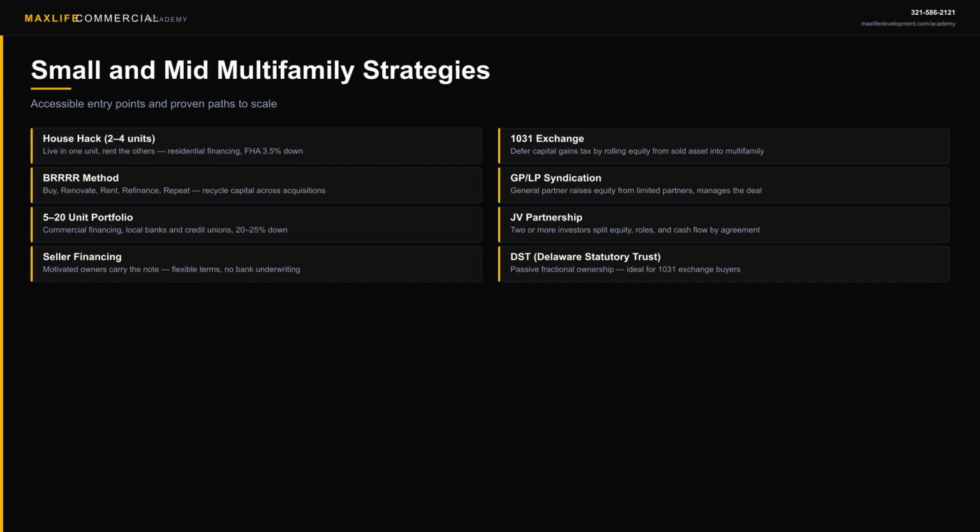And for investors with equity in appreciated assets, the 1031 exchange is one of the most powerful tax deferral tools available in the tax code. At any scale, the right structure depends on your capital, your goals, and your timeline.